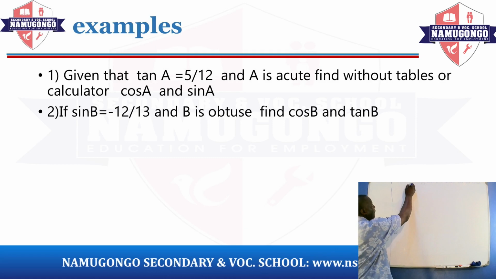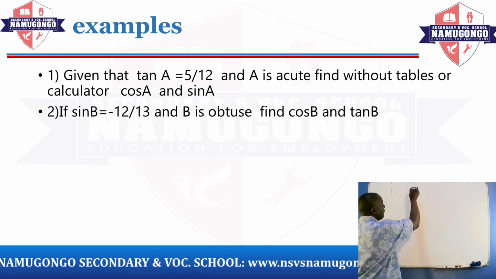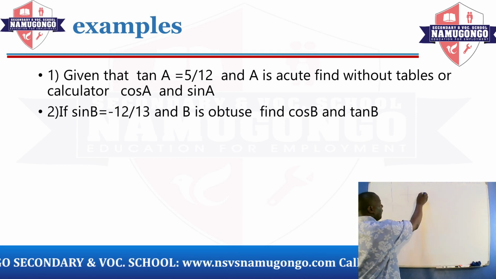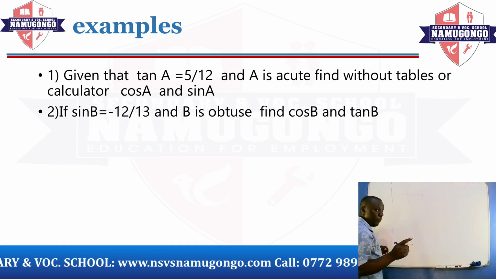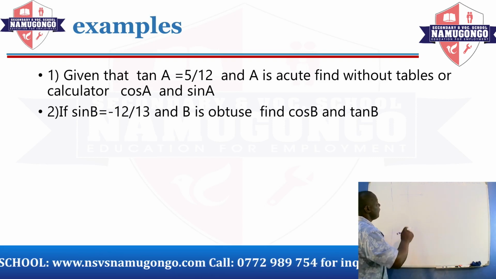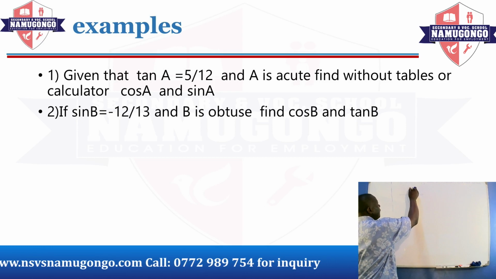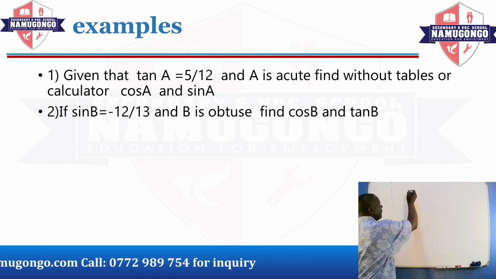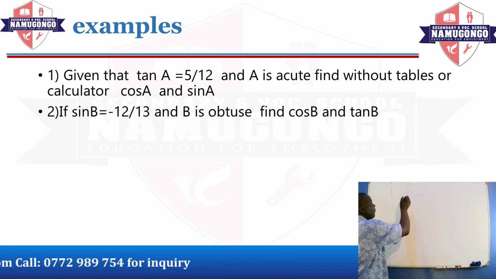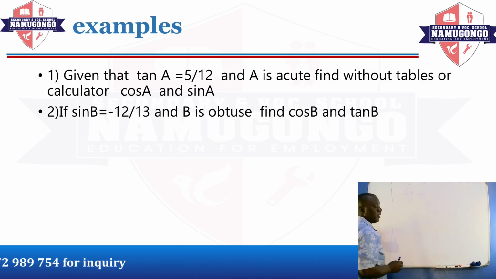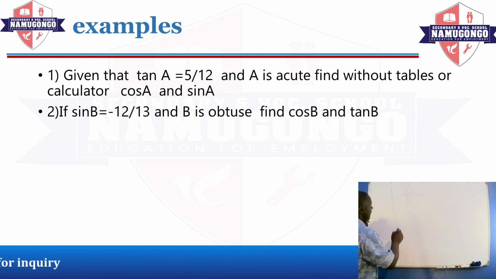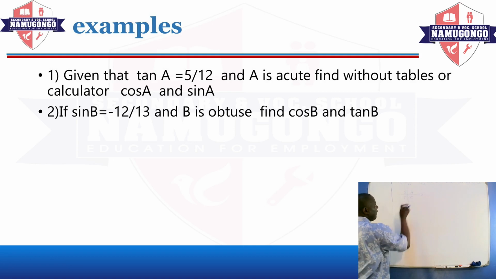Let me remind you, before I handle this, of where I'm going to draw my triangle. In the first quadrant, we said all are positive. In the second quadrant, we said sines are positive. In the third quadrant, we said tangents are positive, and here cosines are positive.